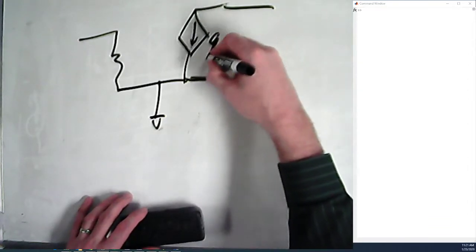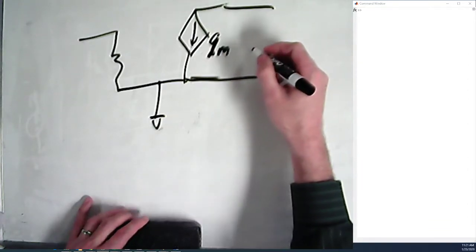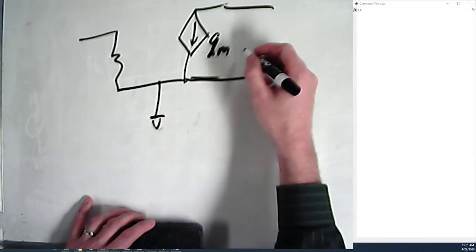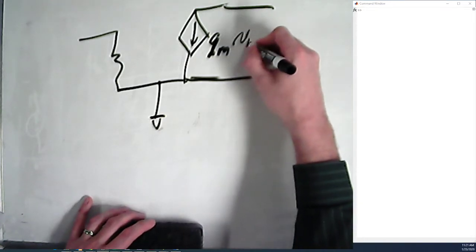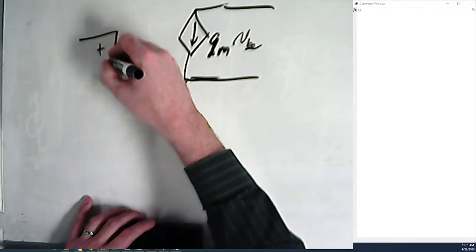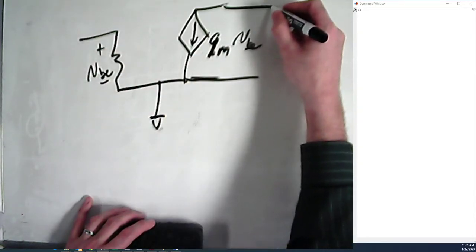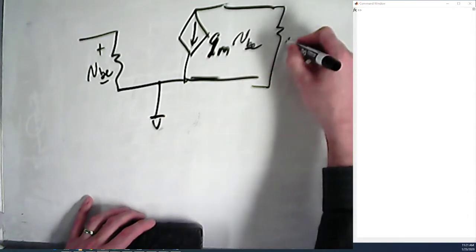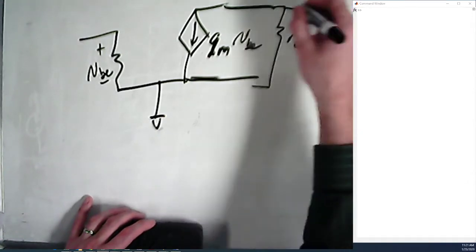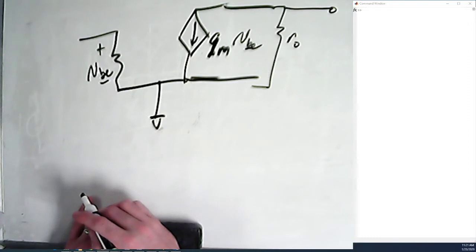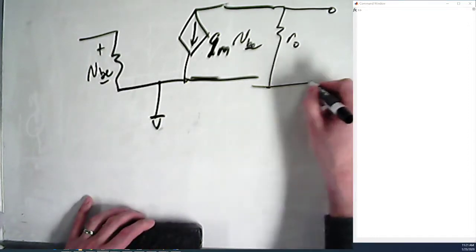This is called GM. It's a transconductance gain, times VBE. This here is VBE, small signal, so we've subtracted off all the DCs to get here. This is R out. That connects out to something. In this particular case, we're going to connect it up to a load.